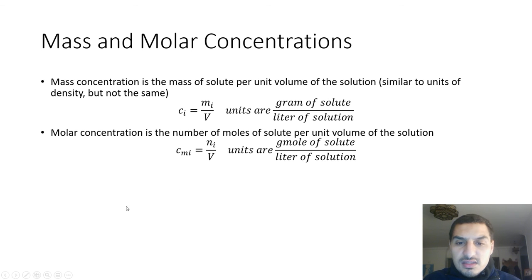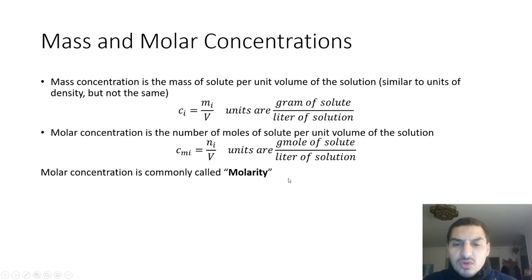And this is the other unit. It is the molar concentration. It's the number of moles divided by the volume of the solution. It's moles of the solute divided by the volume of the solution. This is very commonly used, and that's why it's called molarity. Once you say molarity, you mean the number of moles per liter of the solution.